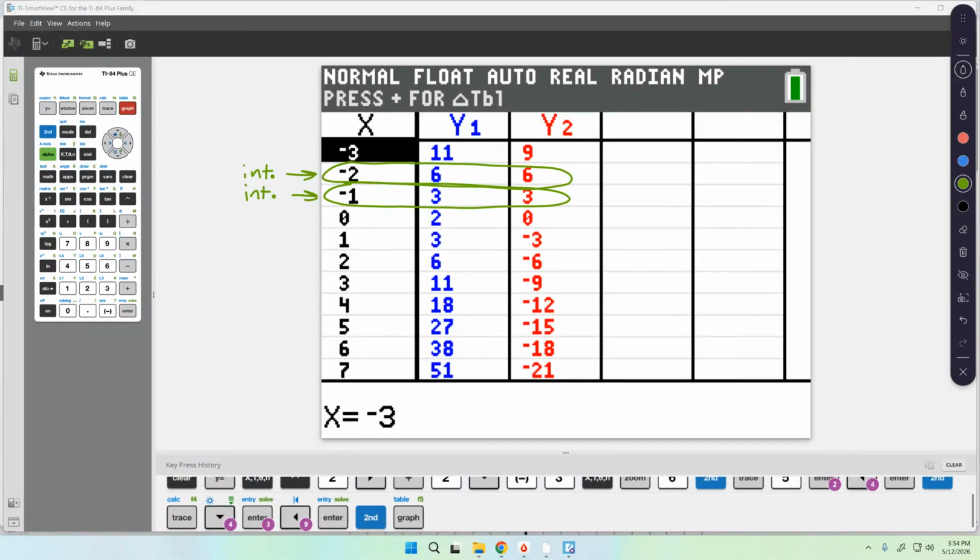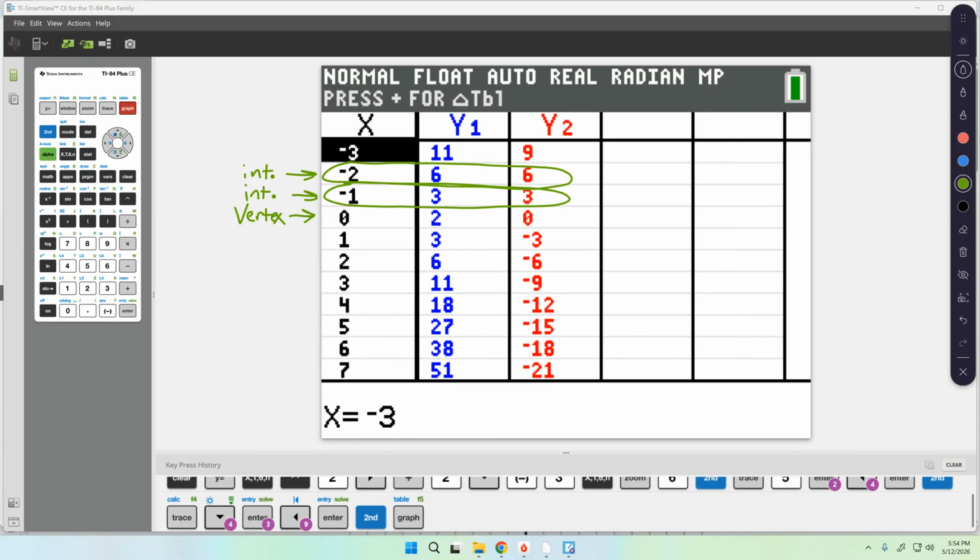We should include these 2 points in our table of values when we graph. We should also include our vertex point. Now remember, the vertex point is our minimum or our maximum. Our quadratic opens up, so it's a minimum point. Blue is our quadratic, so I'm looking for where the y value is the smallest to find the minimum. And that's right here at 2. So the ordered pair 0, 2 is our vertex or our minimum.